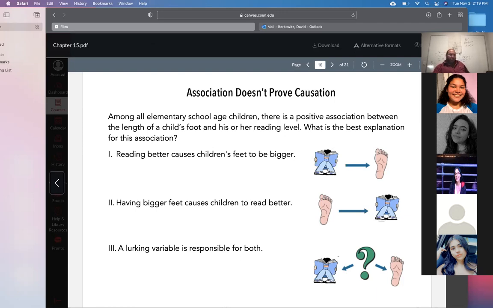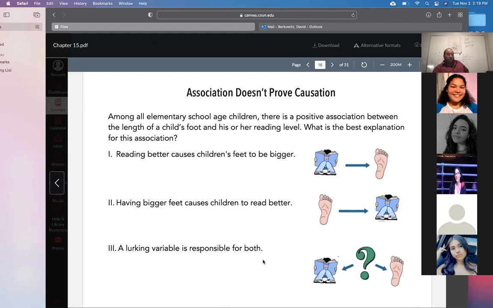So what might be the lurking variable that's behind the scenes connecting them? The older they get, the better they get at reading. Exactly. Children with bigger feet are probably older than children with smaller feet, and children who are older have had more years of schooling and therefore are probably better at reading.